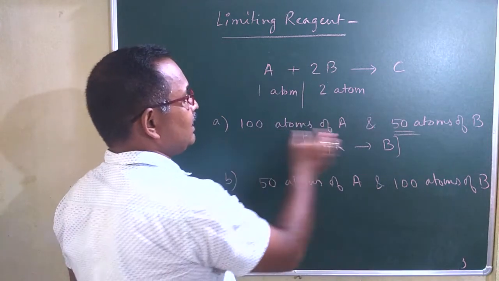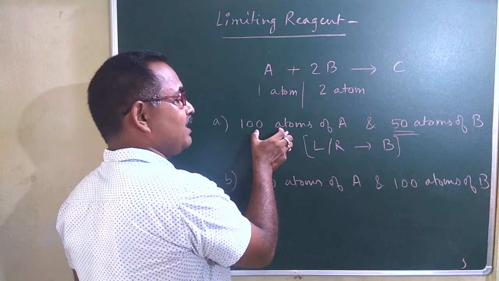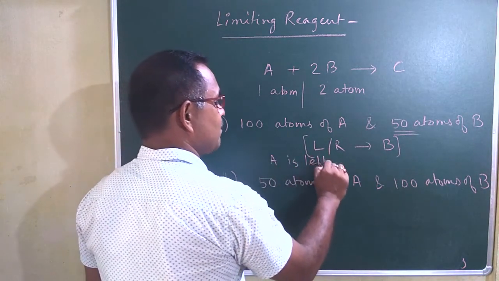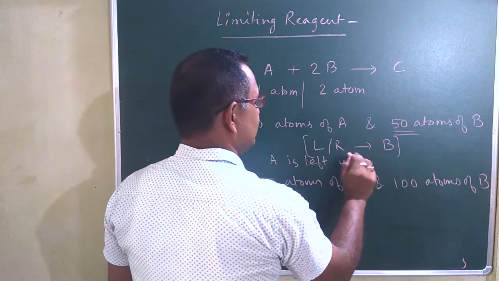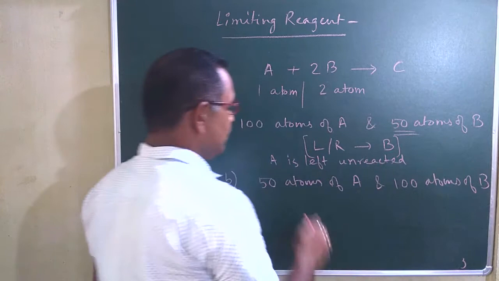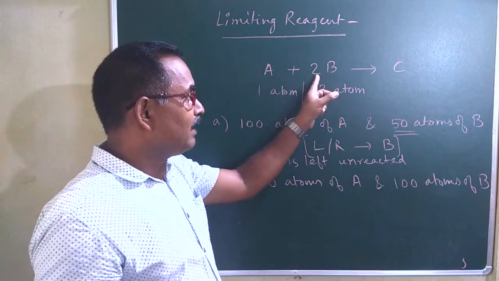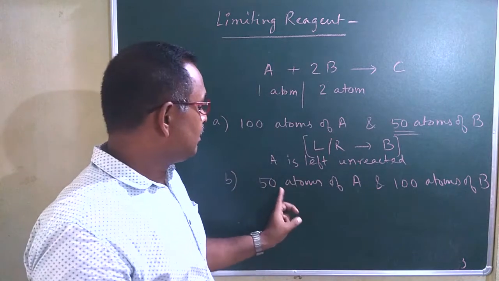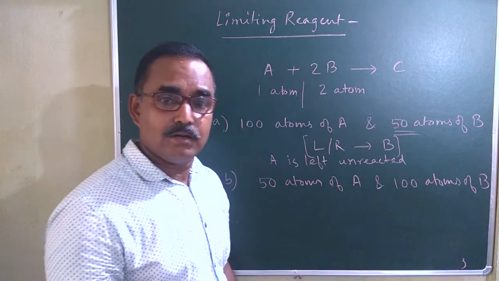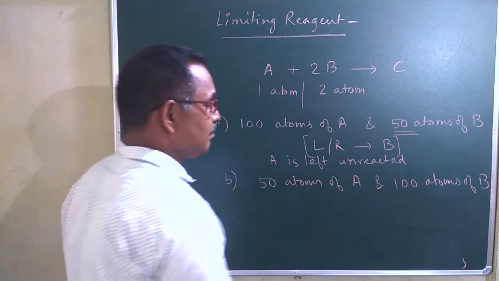In the earlier case, B is limiting reagent, so A would be left unreacted. But in this case, since 50 atoms of A would need 100 atoms of B, simultaneously A and B both will be used up, both will be finished.